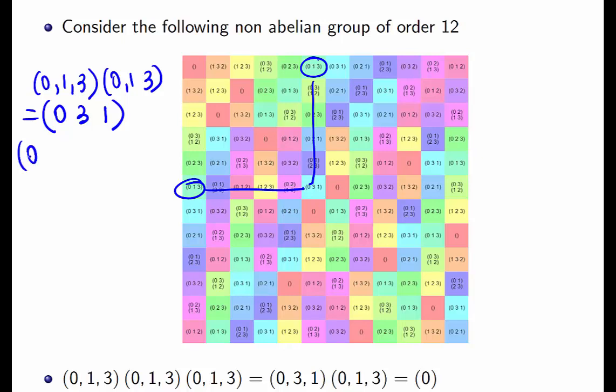Now, if we take (0 1 3) cubed, then that will be essentially (0 3 1) times (0 1 3). So what is (0 3 1)?